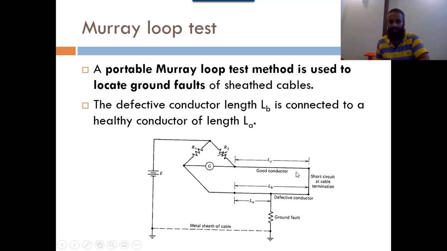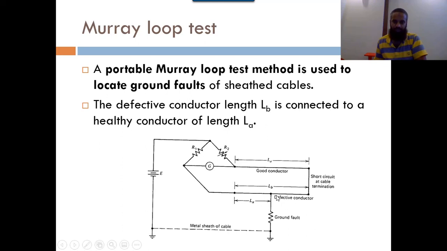When a short circuit occurs and two wires are connected, the length from the starting end of wire 1 to the short circuit is A, and the length from the short circuit to the ending end of the second wire is B. So we can label them as LA and LB, and at the faulty location the distance would be LX.